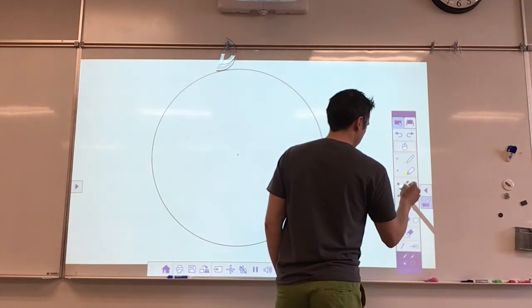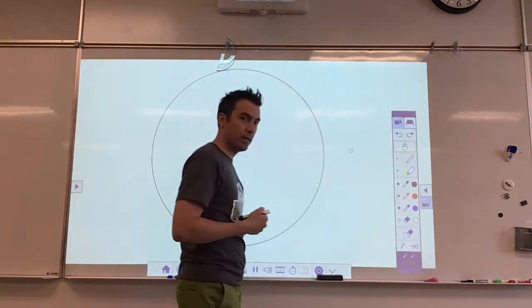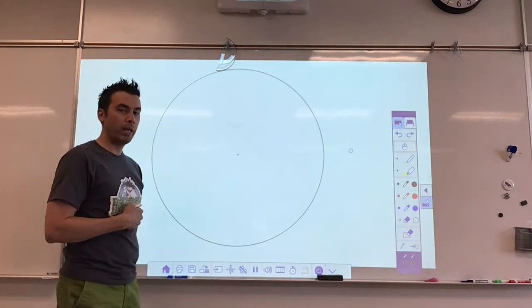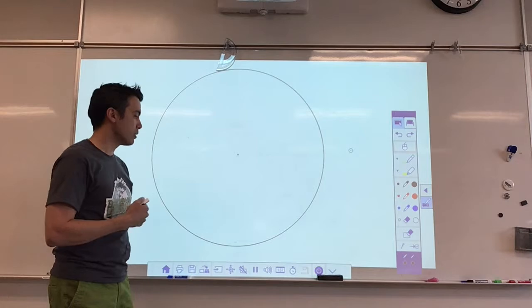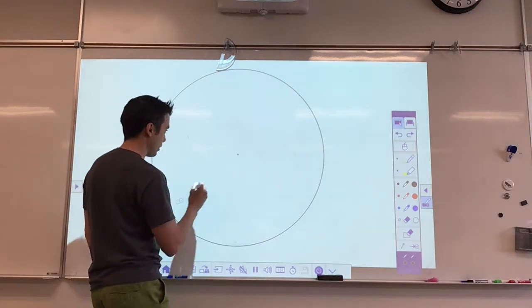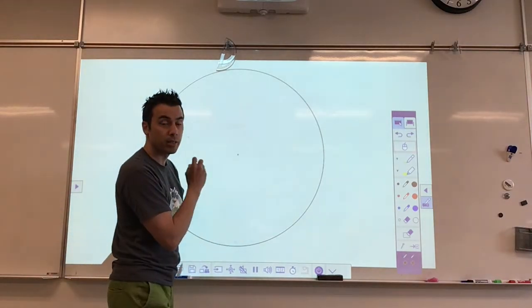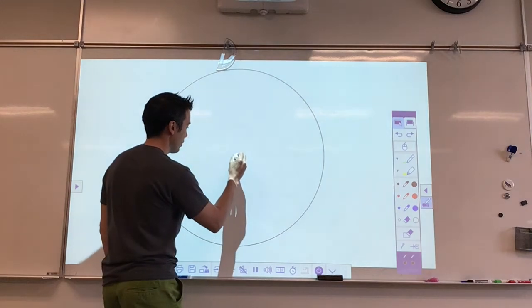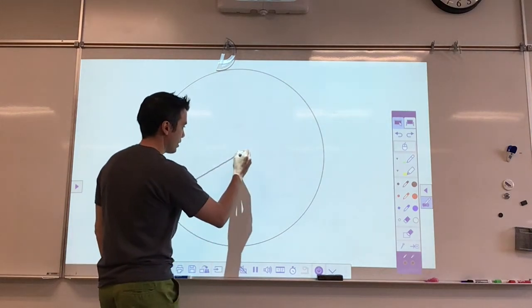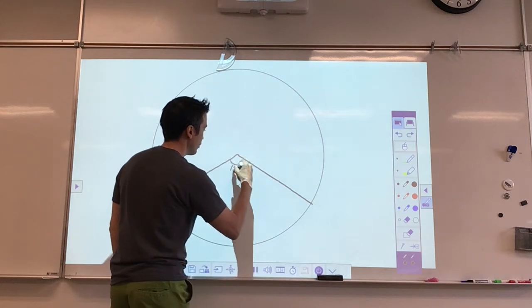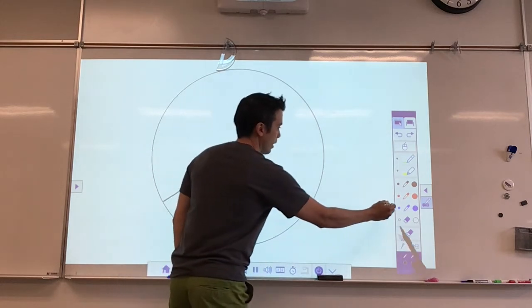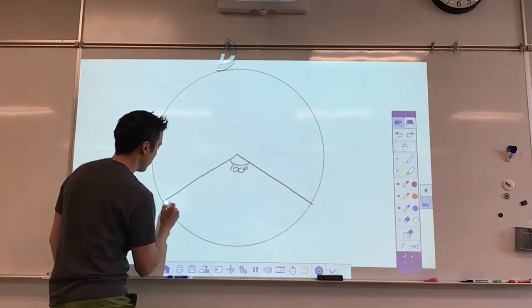Now, it might not always look so nice as the way that I have just done it, where the central angle is nicely over top. You might get something like this. You will get something like this in your textbook questions, where let's say we have this nice central angle of 100 degrees, and then they give us something like this.